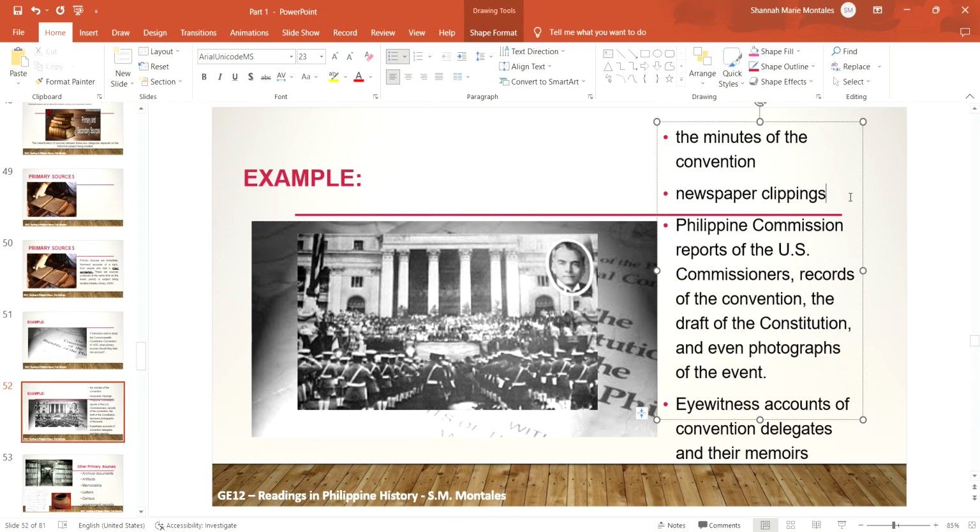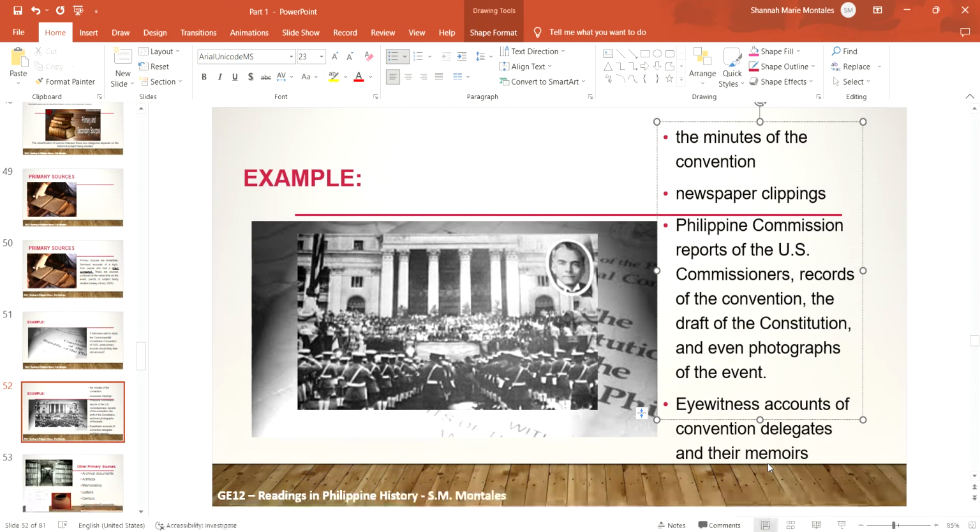Philippine Commission reports of the U.S. commissioners, the records of the convention, the draft of the Constitution itself, even photographs of the event are considered as primary sources. Also, eyewitness accounts of convention delegates and their memoirs, their diaries, their journals.